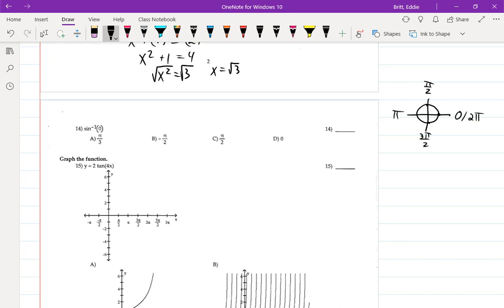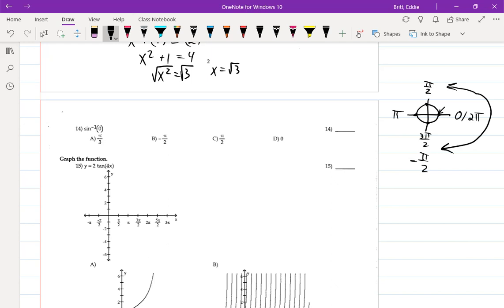So if you look at those 4 points, there's only one of them where the y is going to equal 0, where inverse sine is defined. Because inverse sine is going to be defined between negative pi over 2 and pi over 2. So there's only going to be one point that's going to have a y of 0.